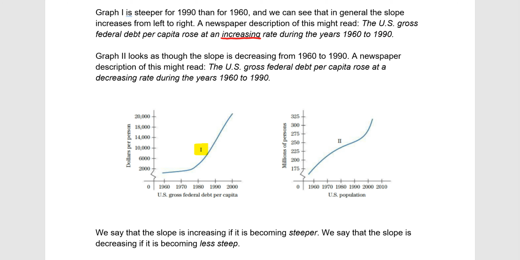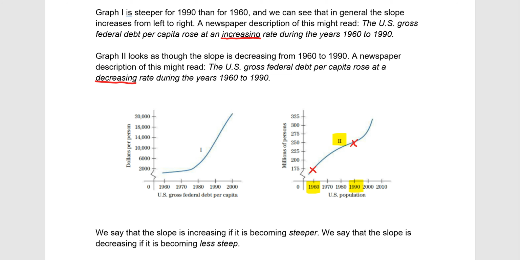If we look at graph 2 on the right, it looks like the slope is slowly decreasing from 1960 to 1990. So for the newspaper, we might say that the U.S. gross federal debt per capita rose at a decreasing rate during those years.